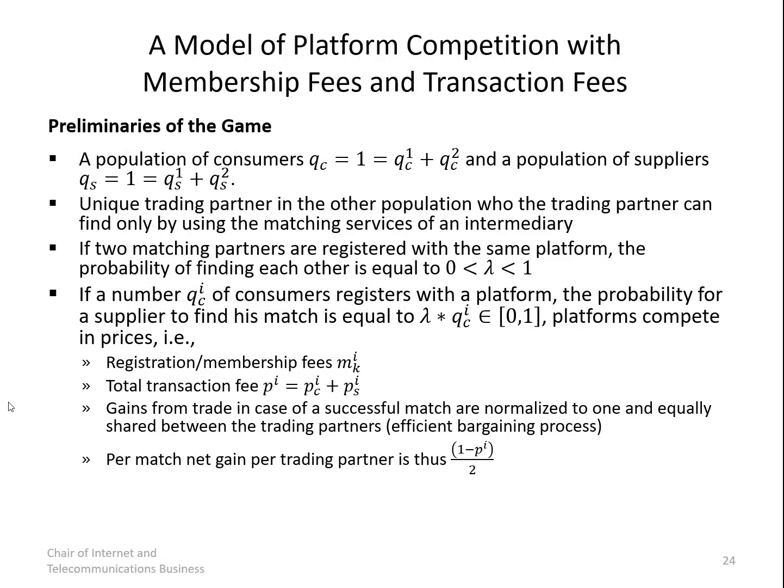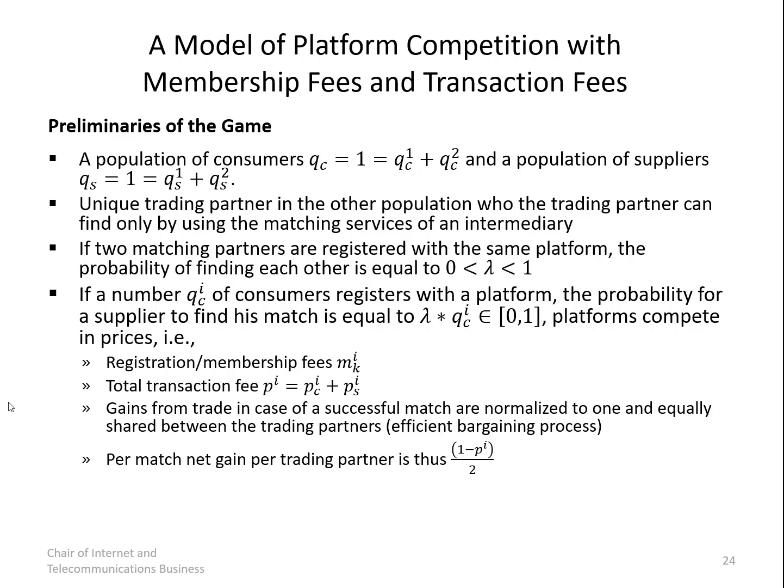So just to provide you some insights on the preliminaries of the game, there's a population of consumers Q_C which is equal to 1, with Q_C1 and Q_C2 being the consumers going to the two platforms, and a population of suppliers which is also set at mass 1, where Q_S1 is the number of suppliers on platform 1 and Q_S2 is the suppliers on platform 2.